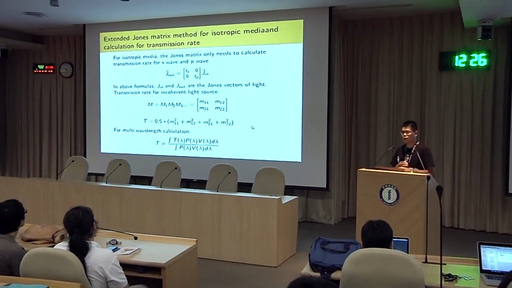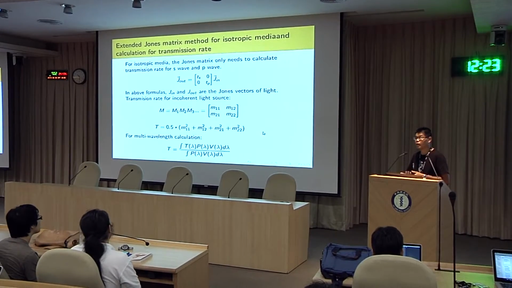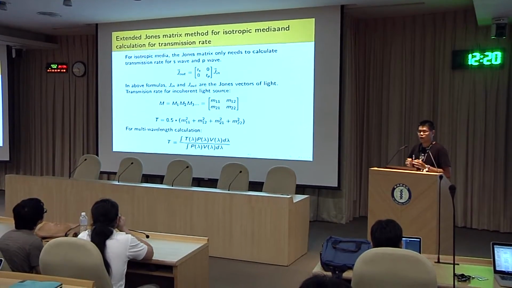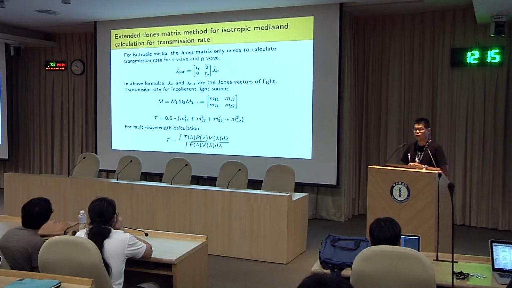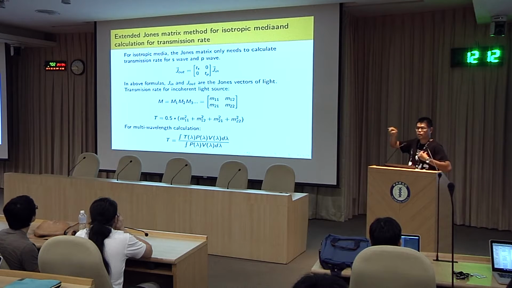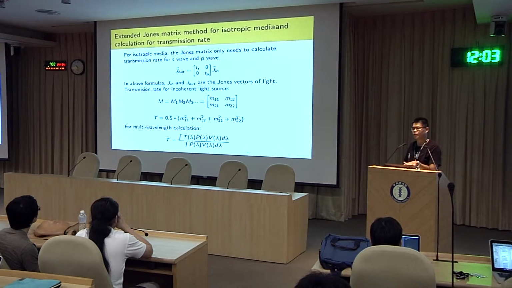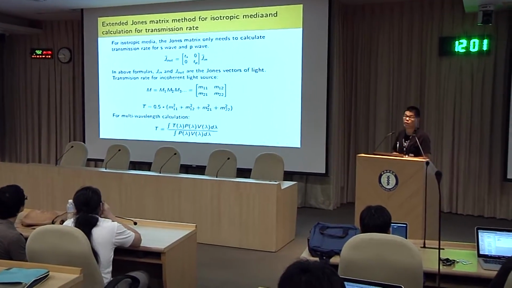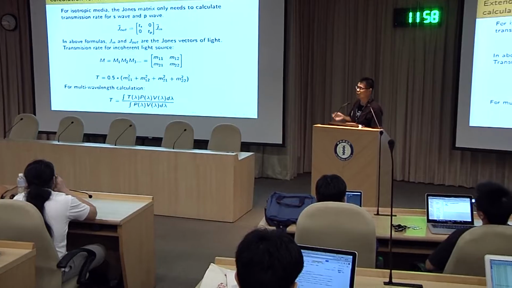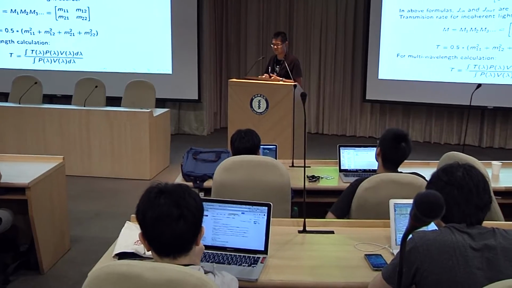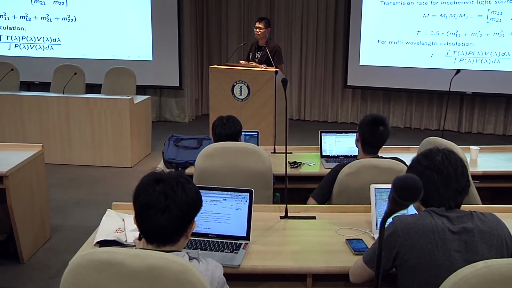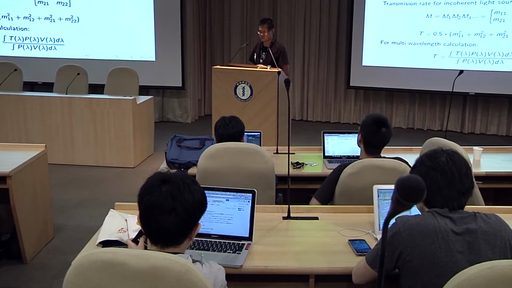But if you are using another method called Berreman 4x4, when you are calculating the transmission rate, you will get many interferences in the transmission distribution along the angle, because it assumes coherent light, so it's hard to get results for incoherent light. And this method is useful to estimate the results we want to see.